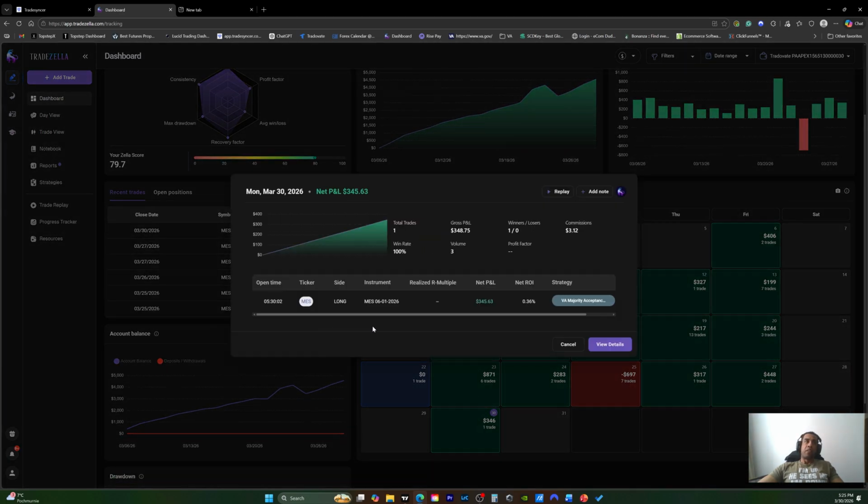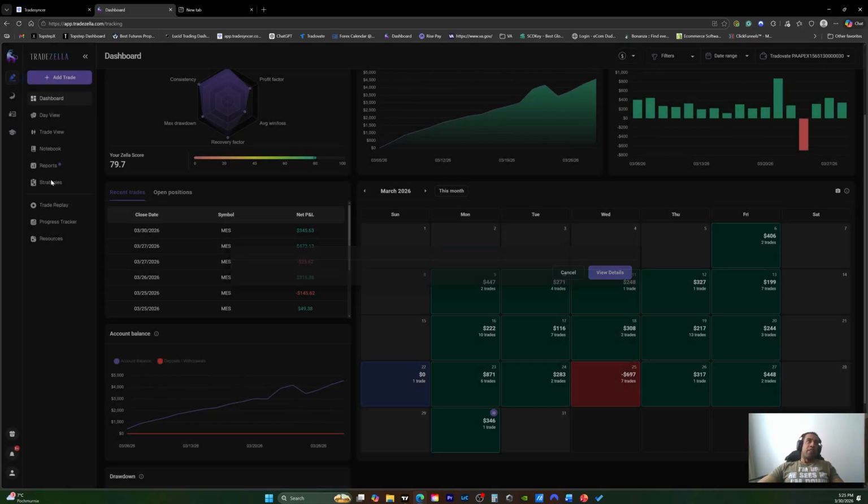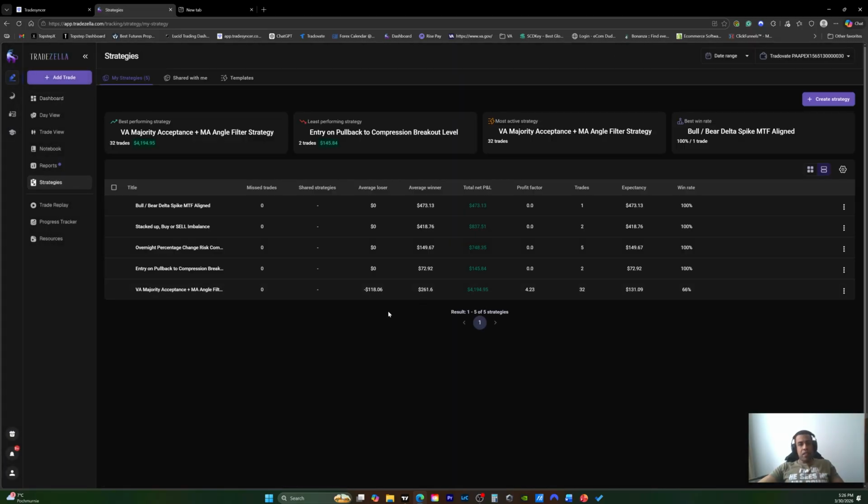The profit, it says, well, it was only one trade, one winner, so there's not gonna be a profit factor. Let's see the strategy on the main account. It says average loser 118, average winner 261, with a win rate of 66%.